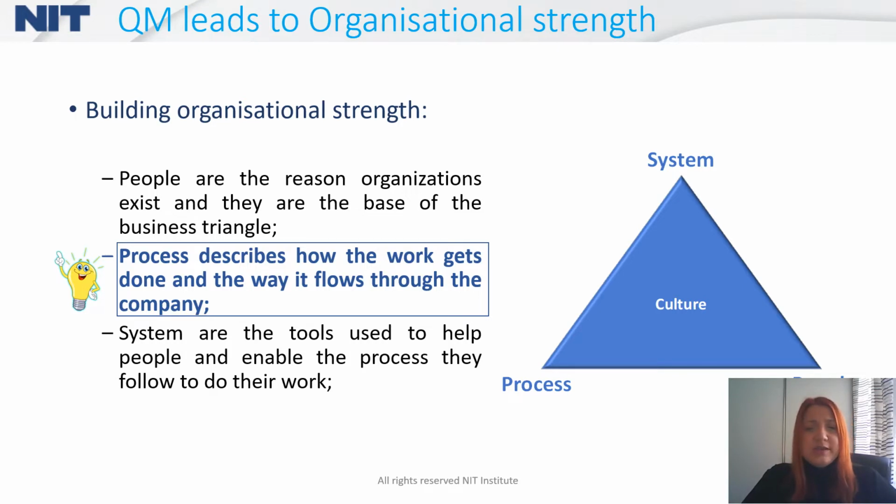For managing the organization, you will need a specific quality culture and three basic parts of the organizational triangle: people, who are the reason why some organization exists; the process, which describes how work is done throughout the organization; and the system, which is represented through the tools used to follow the process and to do the job.